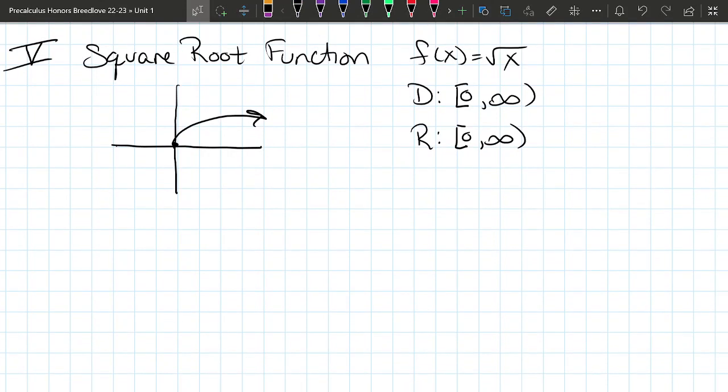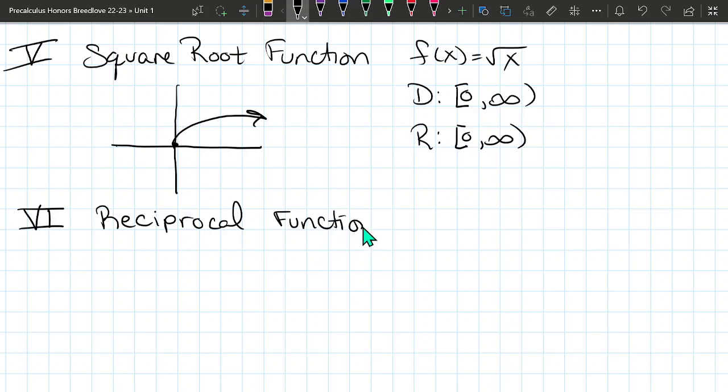After square root, we have the reciprocal function, and it's the reciprocal of the identity. So that's Roman numeral 6. Reciprocal function. So f of x equals 1 over x.